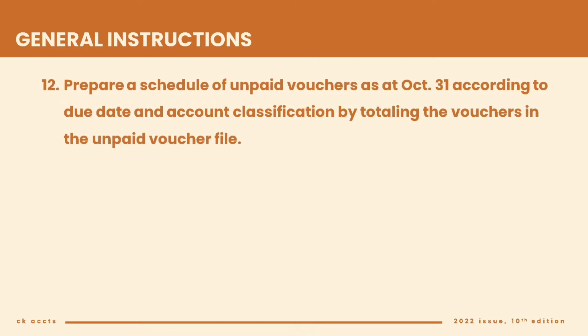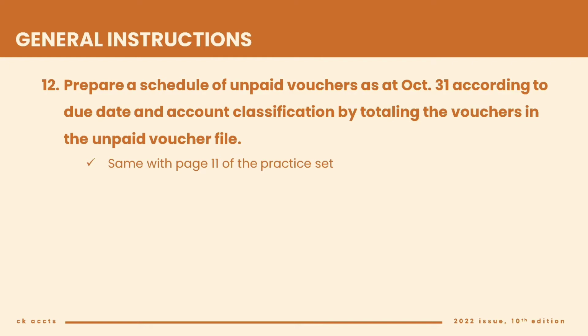Next, number 12, prepare a schedule of unpaid vouchers as at October 31 according to due date and account classification by totaling the vouchers in the unpaid voucher file. So dito, katulad lang din to nung page 11 ng ating practice set.